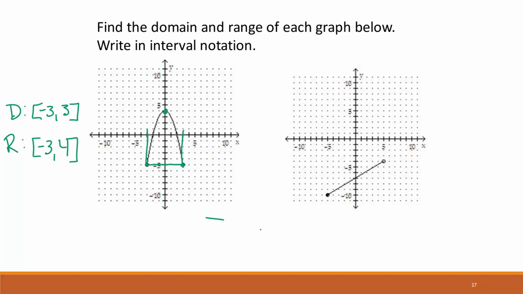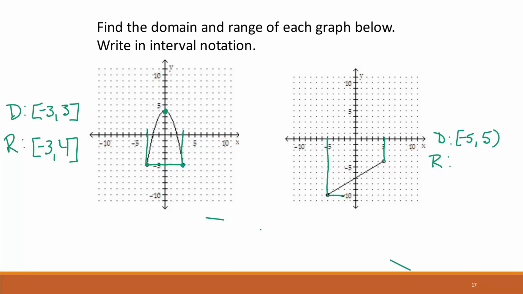If we take a look at this next one for domain, again, we're looking at the x's. So this is a closed circle at negative 5. So we have bracket negative 5, but we have an open circle at positive 5. So we're going to use a parenthesis for that open circle because we go up to 5, but we don't actually touch it. And then for our range, we're looking from bottom to top.